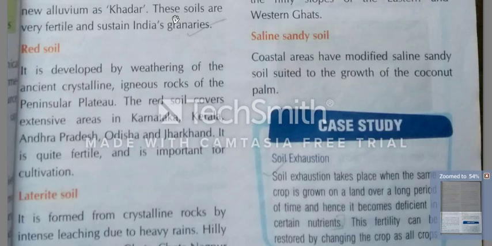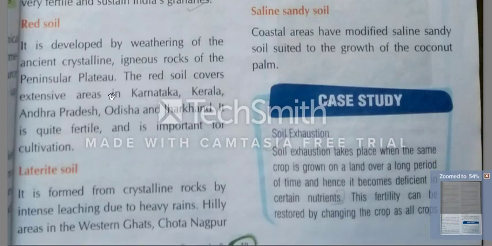Alluvial soil is very fertile, but red soil is only quite fertile. The fertility is not as good as alluvial soil, but it is important for cultivation.